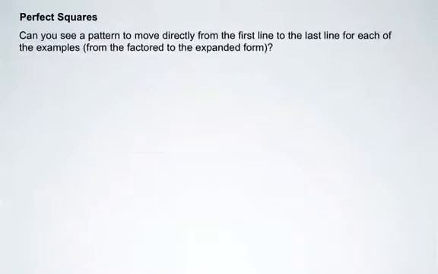Perfect squares. Can you see a pattern to move directly from the first line to the last line for each of the following examples? In other words, can you find a way to go from the factored to the expanded form more quickly?